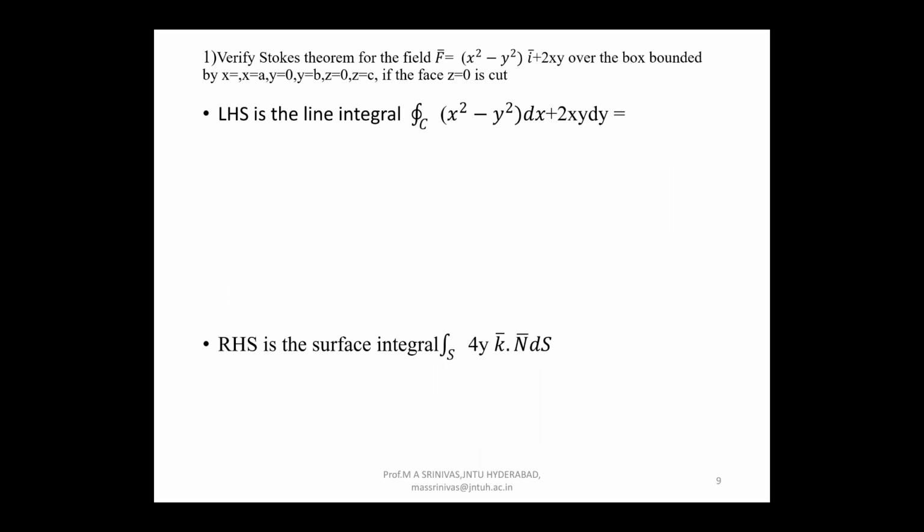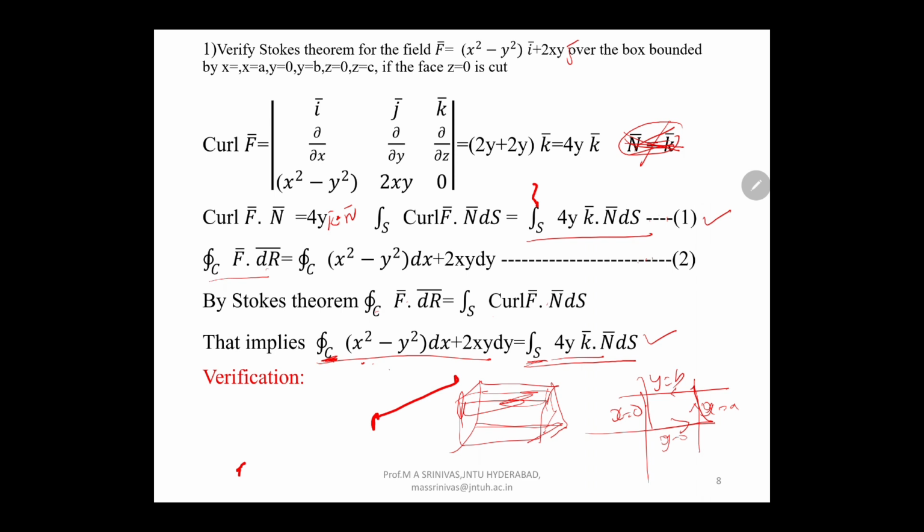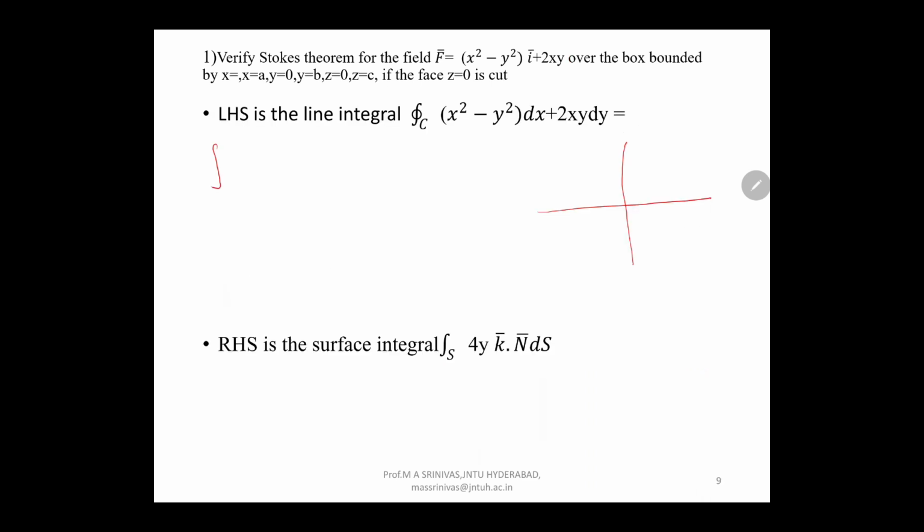So first of all, I'll find the line integral. So we know how to find the line integral. The integral over C is the integral along OA, plus along AB, plus along BC, plus along CO. This equation is y equal to 0.